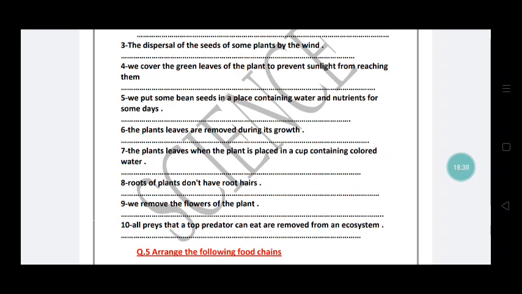Excellent. Okay, we put some bean seeds in a place containing water and nutrients for some days. The bean seeds will grow, germinate, and then give us plants. Super.